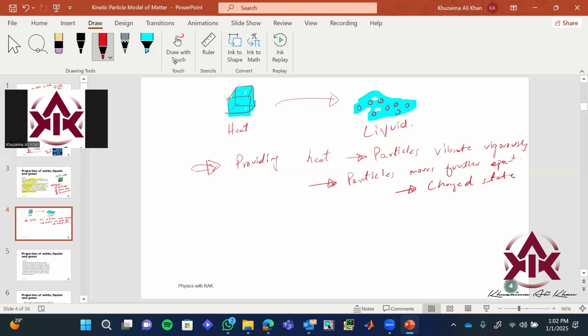So what is this change of state? We have the first change of state over here, that is called melting. So what is melting?